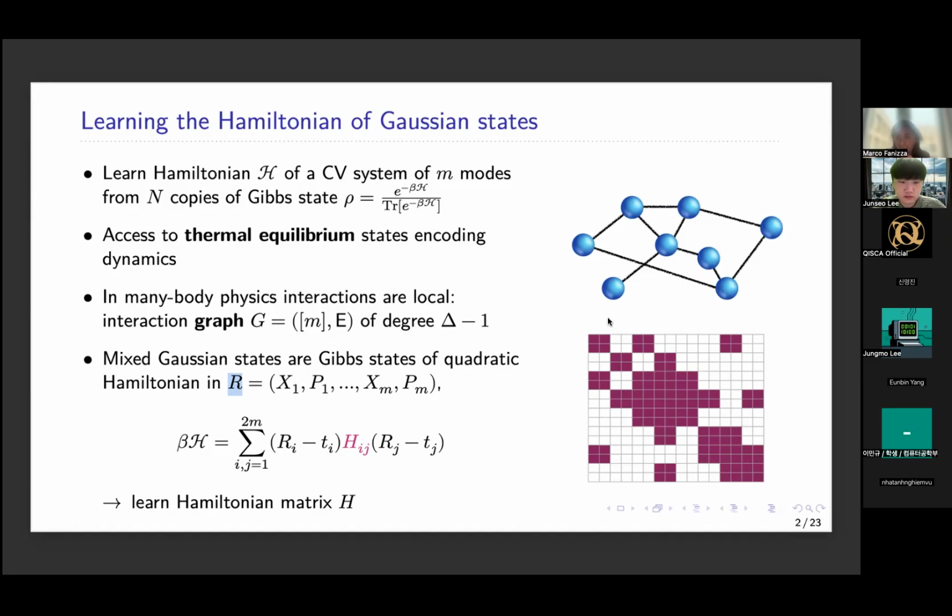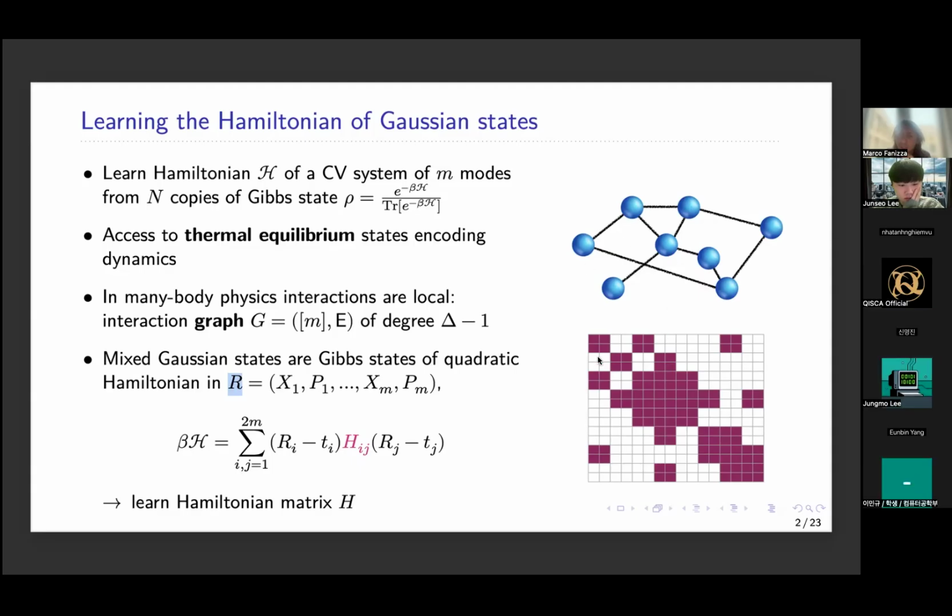And if you order the vertices in this graph from left to right, then you see that the edges of the graph correspond to colored 2 by 2 blocks in this matrix. And the ones that are not colored are just zero. So this is quite important for what will follow.